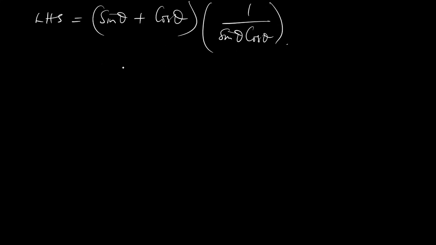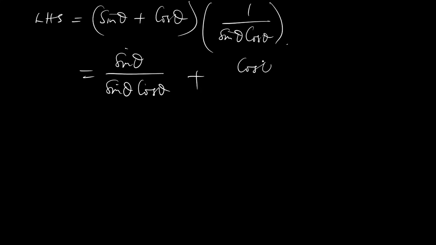Now open up this bracket, you use this one to multiply this. So you have sin theta divided by sin theta cos theta, plus you use this one to multiply this, you now have cos theta divided by sin theta cos theta. So this sin will cancel out, and this cos will cancel out.